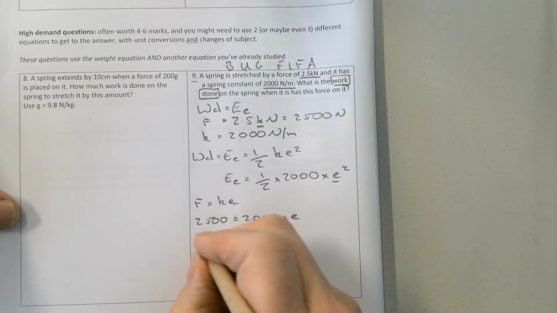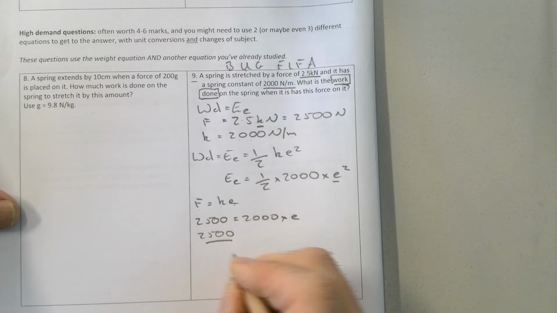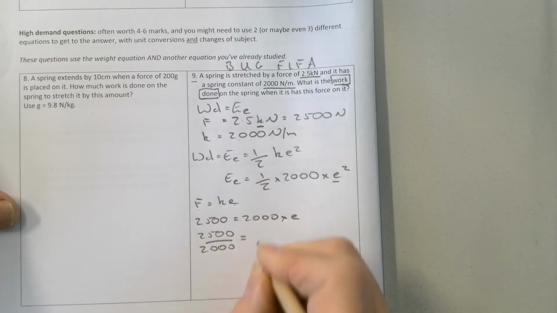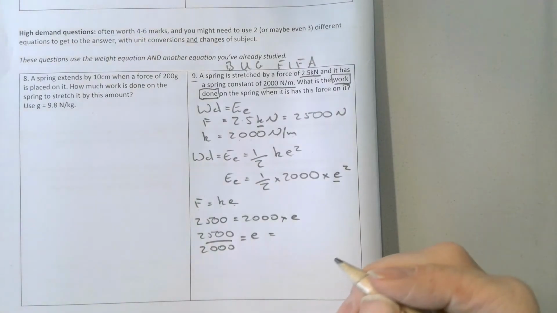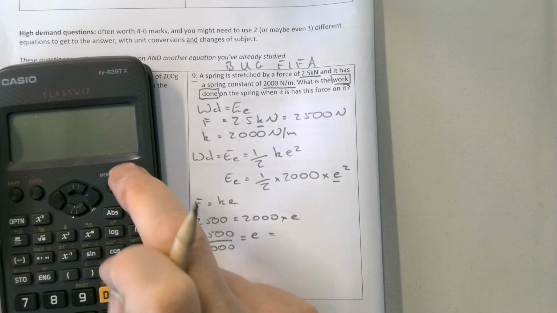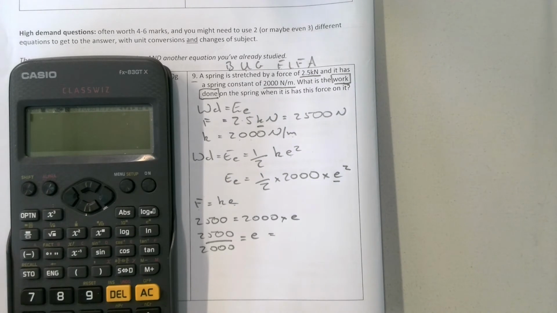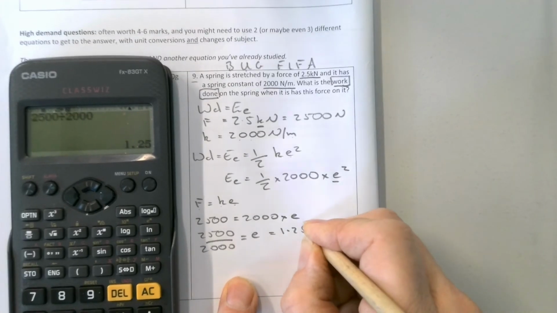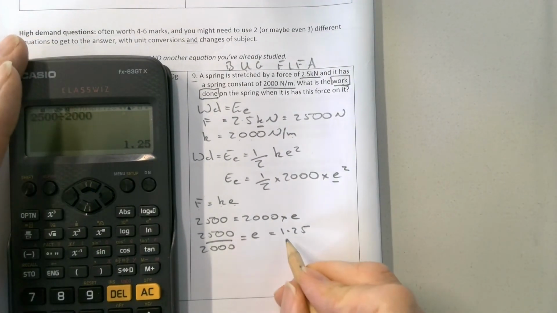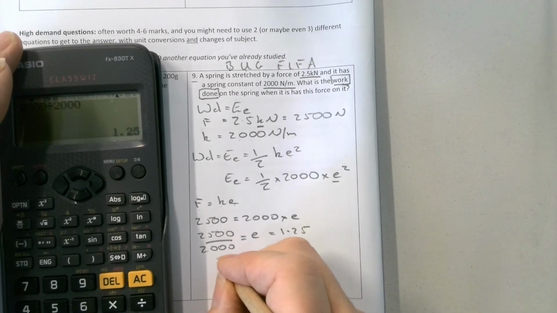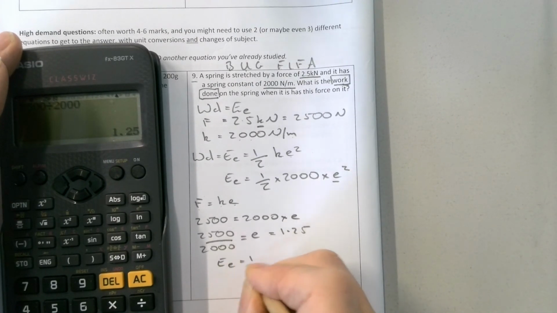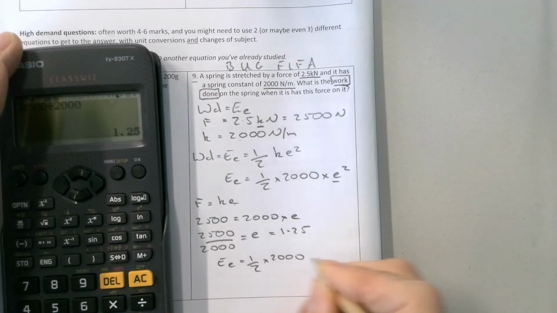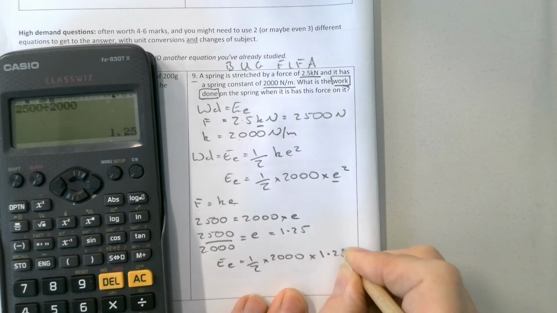So 2500 divided by 2000 will give me e, and that's equal to 1.25. Now I've got e, I can substitute it in. So EE is equal to a half times 2000 times 1.25 squared.